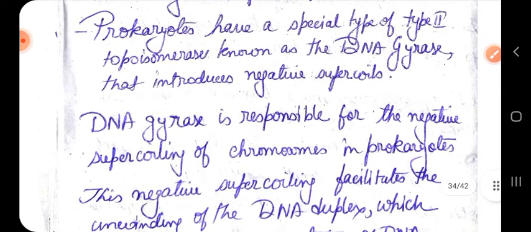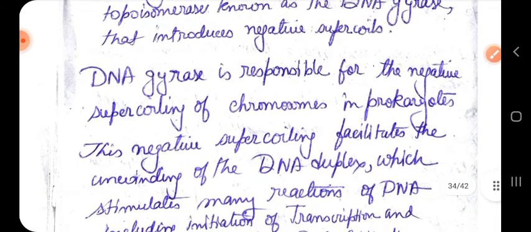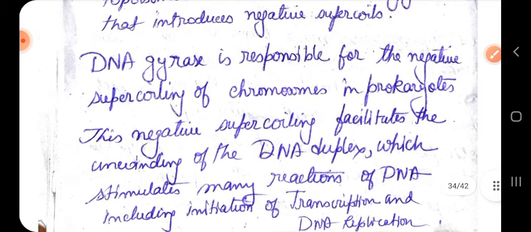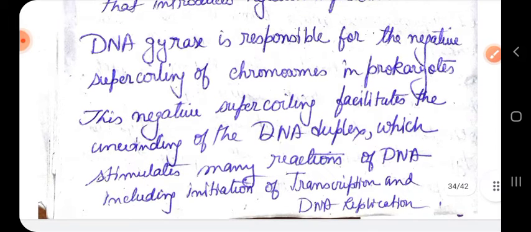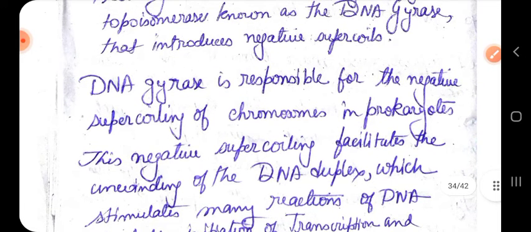DNA gyrase is responsible for negative supercoiling of chromosomes in prokaryotes, and this negative supercoiling will help the unwinding of the DNA helix, which stimulates many reactions of the DNA, including initiation of transcription and DNA replication.